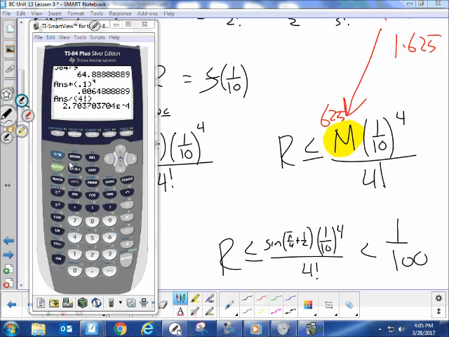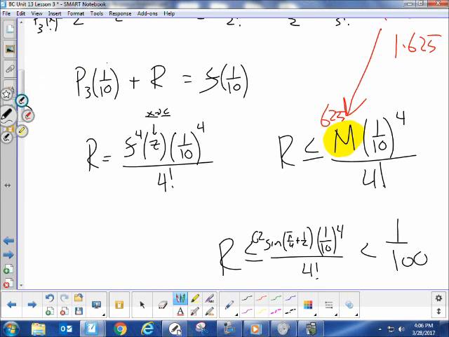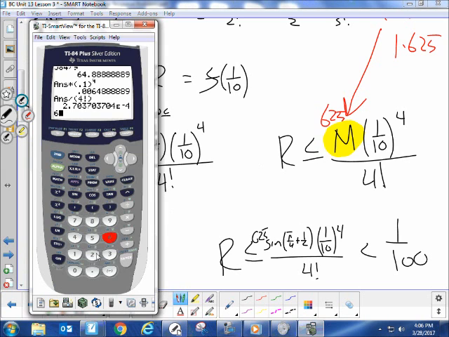I'll show you that if I used even a larger value than that, if I had a maximum value of 625, 625 should be here, times 1/10 to the 4th, divided by 4 factorial. That's less than 1 over 100.